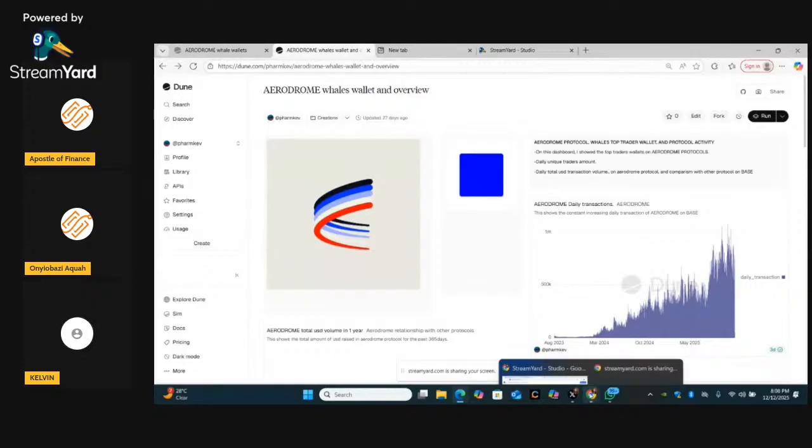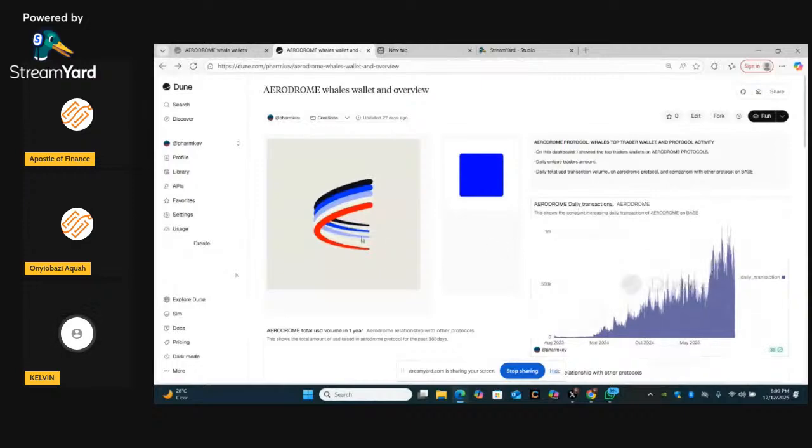Okay, so what I'm going to be talking about here is showing why Aerodrome has been one of the top moving protocols on Base, giving us a breakdown of the kind of transactions it has been having over the days and months, and also telling us which whales or wallets have been pushing this protocol to where it is today.